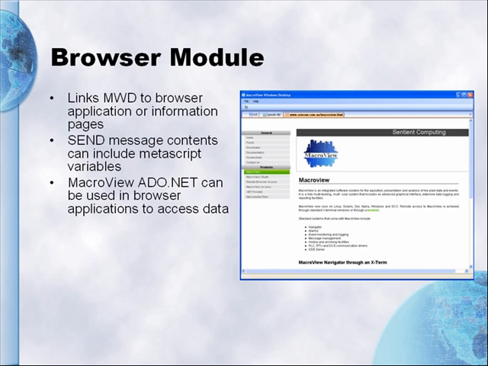So you can mix and match browser applications with XOps3 applications with your own developed modules to have an integrated experience for your users in accessing MacroView data from multiple servers and accessing IT information all from one UI if you choose to.